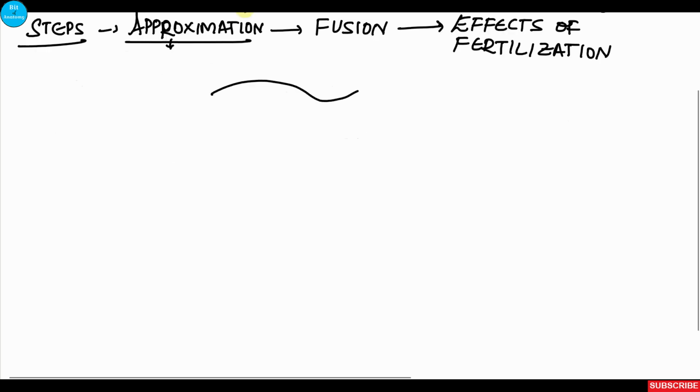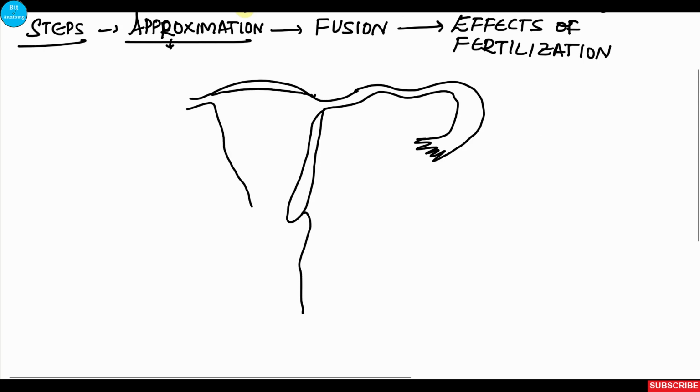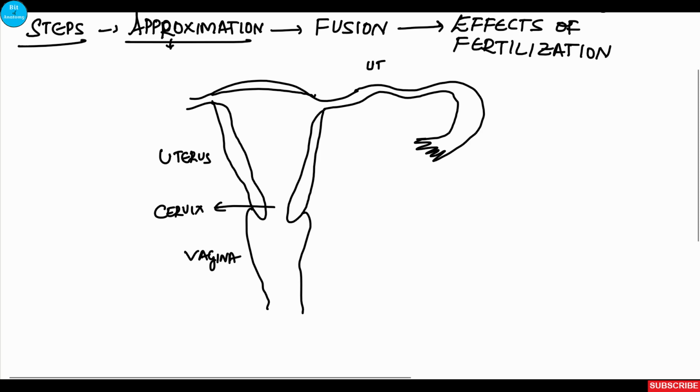If you see the parts of the female reproductive tract, it includes the uterus, the cervix, the vagina, and the uterine tube, which consists of the interstitial part, the isthmus, the ampulla, and the infundibulum. The ovary lies in the angle between the uterine tube and the uterus and is connected to the angle by a ligament.